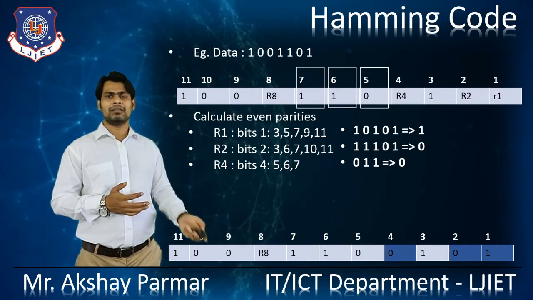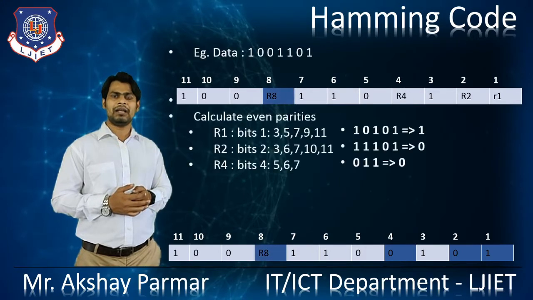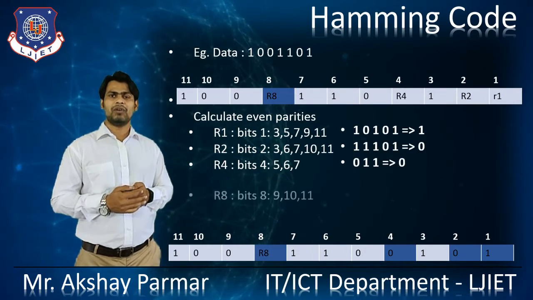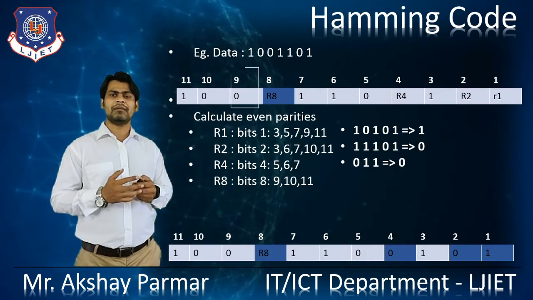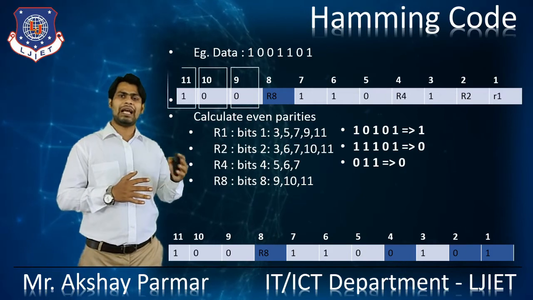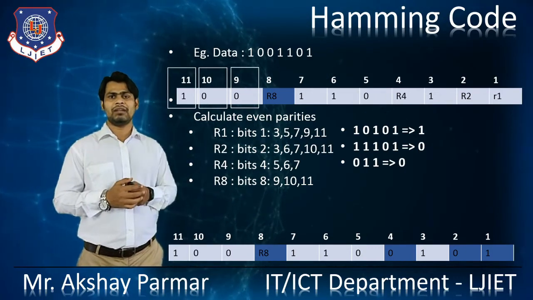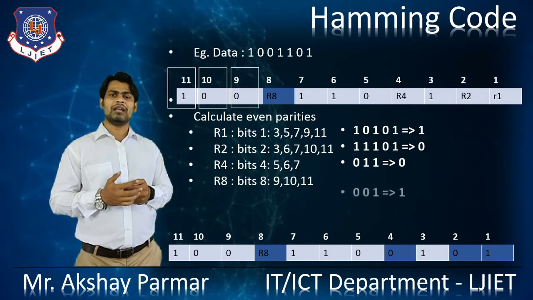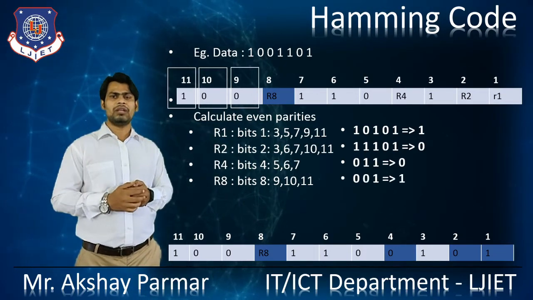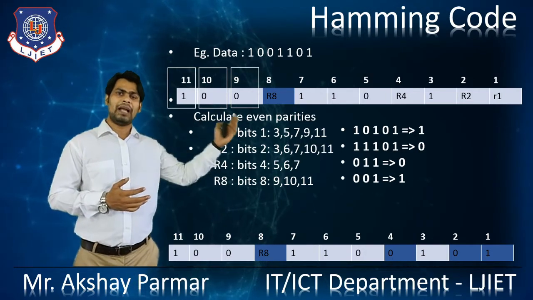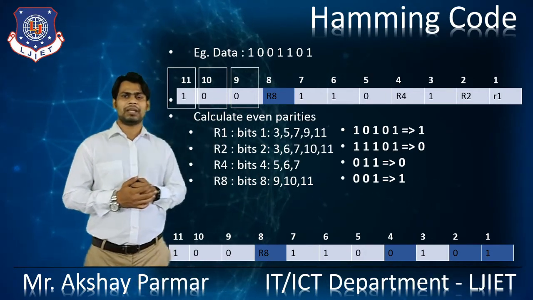Let's select the last redundant bit, R8. How are we selecting the redundant bit R8? For that we are selecting the data bits at positions 9, 10 and 11, right? What values are stored at those positions? Those are 0, 1, 1, stored at positions 9, 10 and 11 respectively.